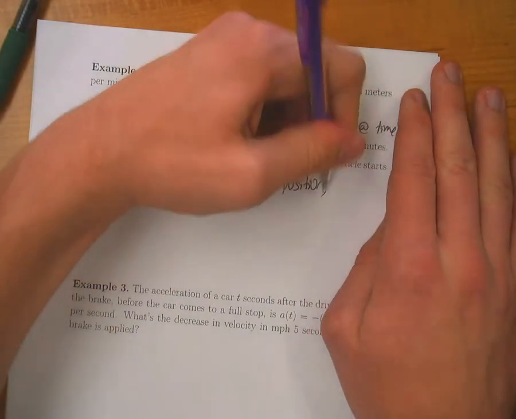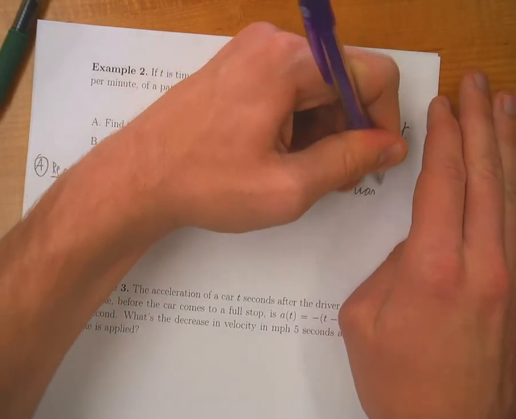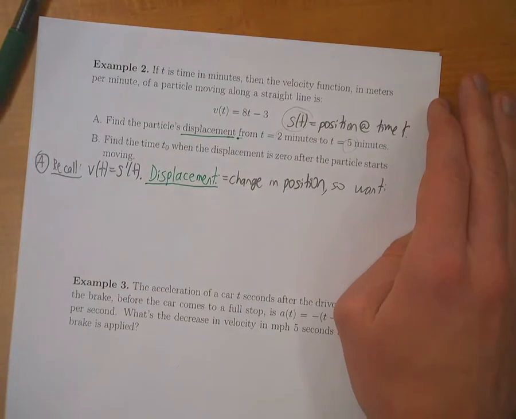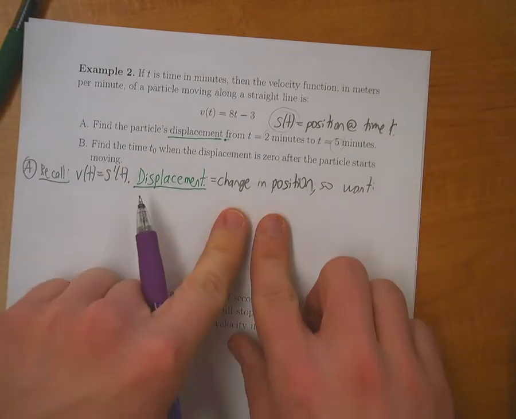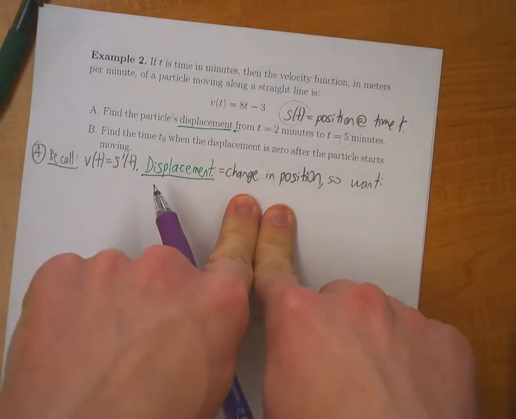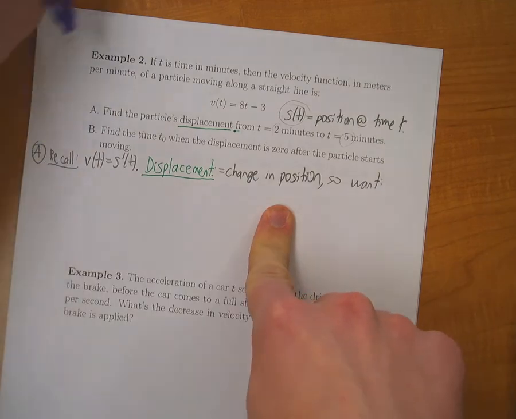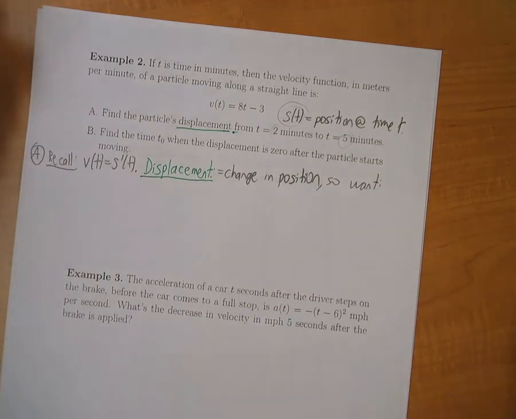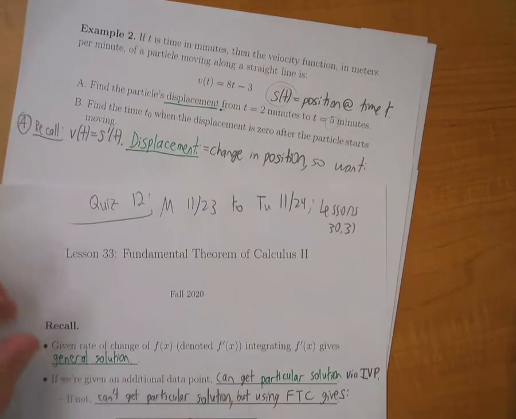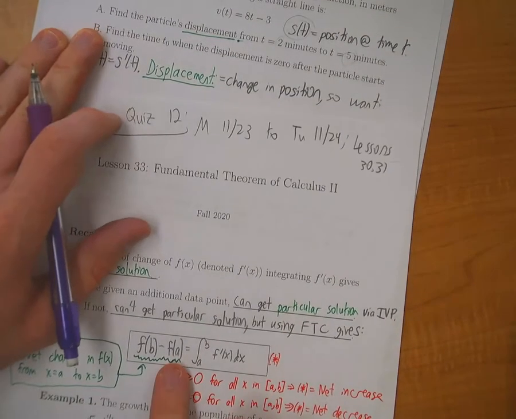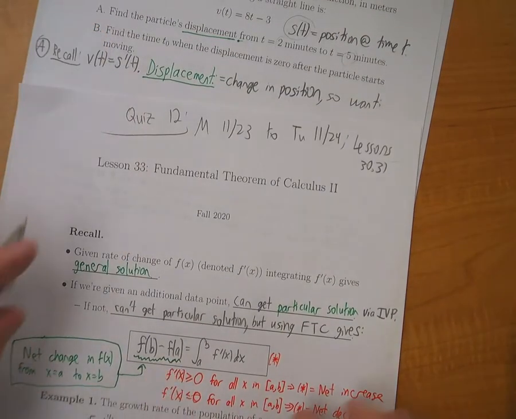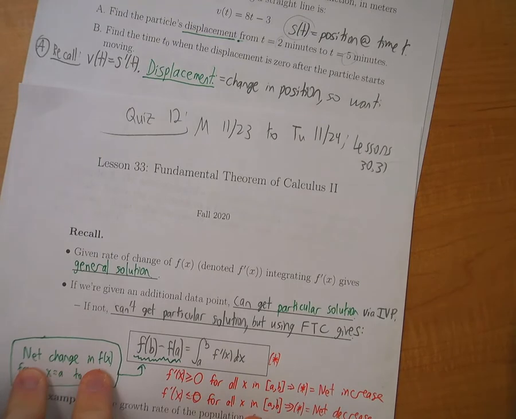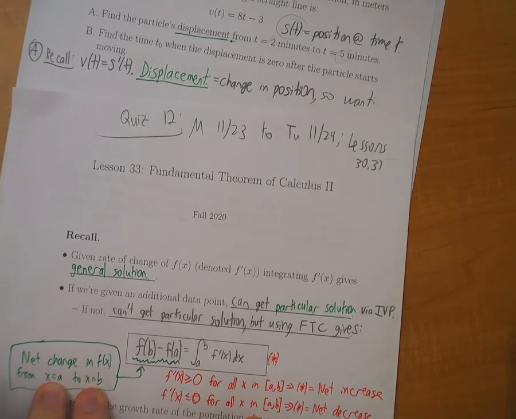So in this case, what do we want? Here we want to figure out the change in position. Based off of the thing we talked about in the first page, namely this difference right here, we want the net change in the function from x equals a to x equals b.